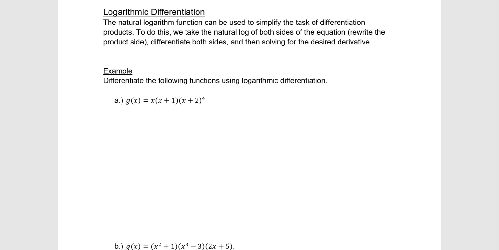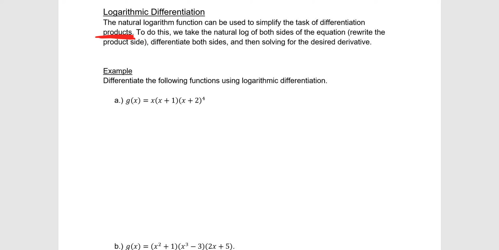So the last thing for this section is logarithmic differentiation. It's actually one of the most important topics that we've covered recently, but we're going to do 2 examples here. If we want to find the derivative of a function where there is a ton of things being multiplied, you don't want to have to do the product rule a million times.